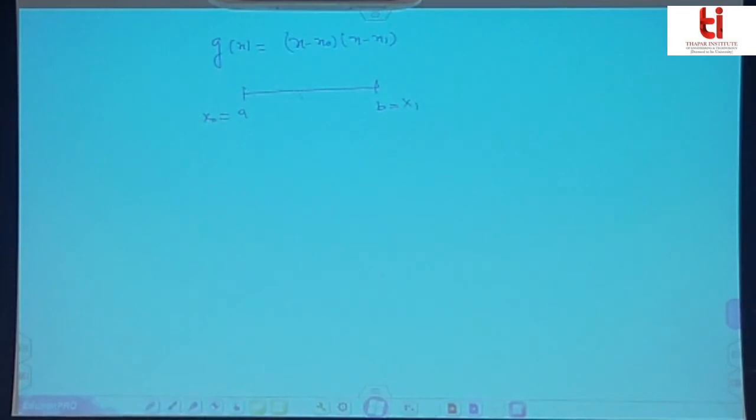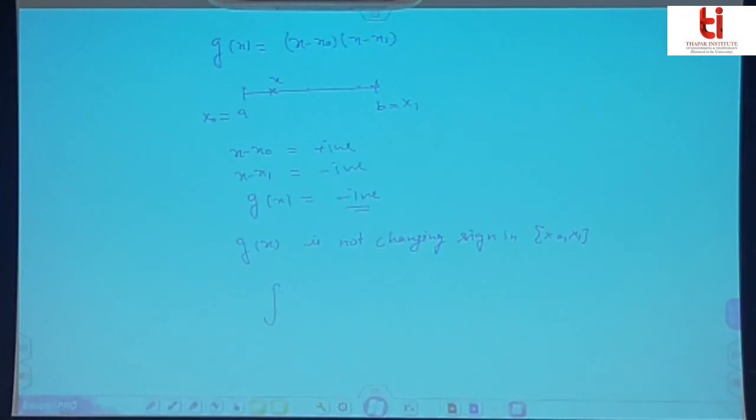If we take any x inside the interval, x minus x0 is positive and x minus x1 is negative, so gx will be negative. It is negative throughout the interval, so gx is not changing sign inside the interval x0 to x1.